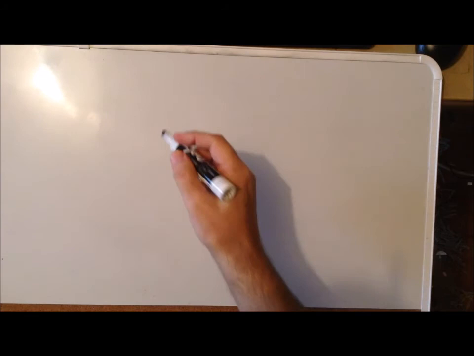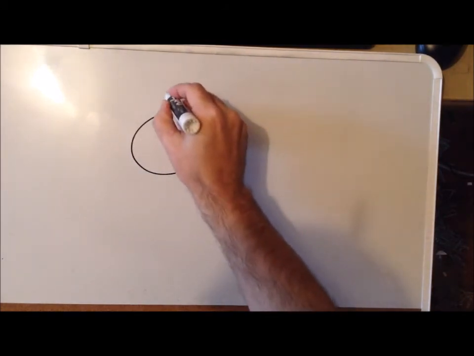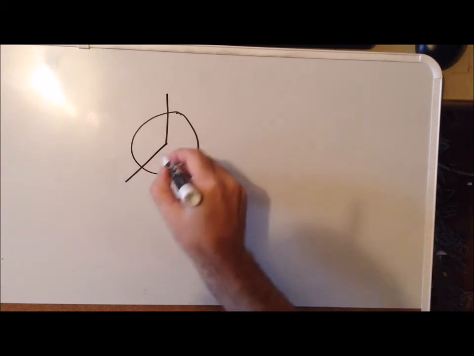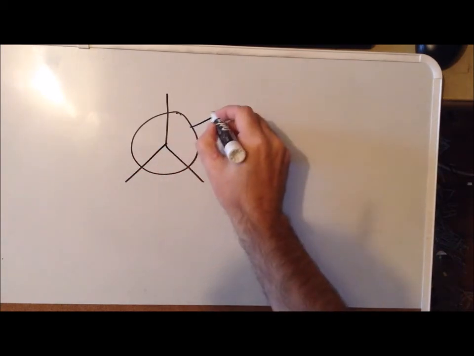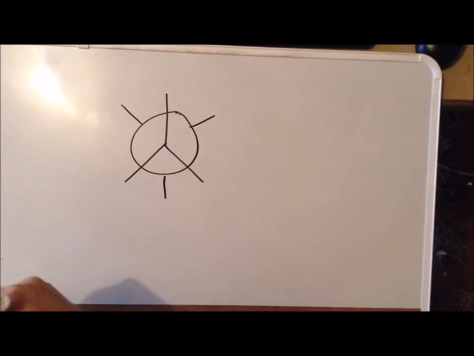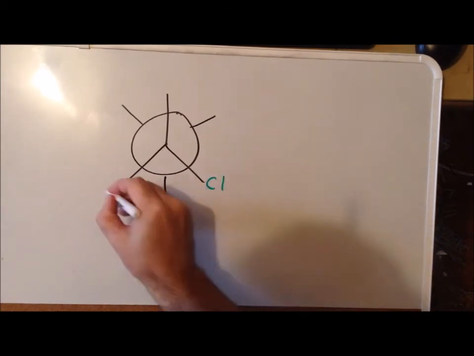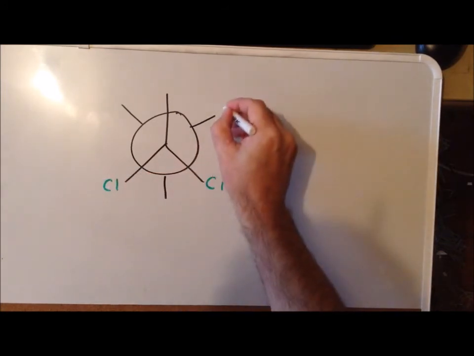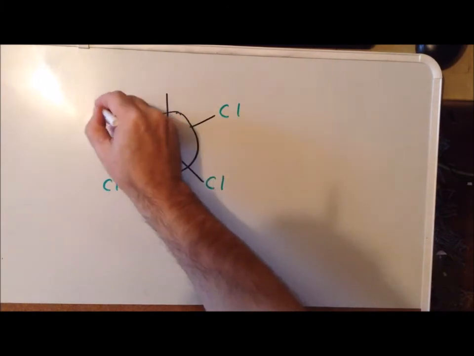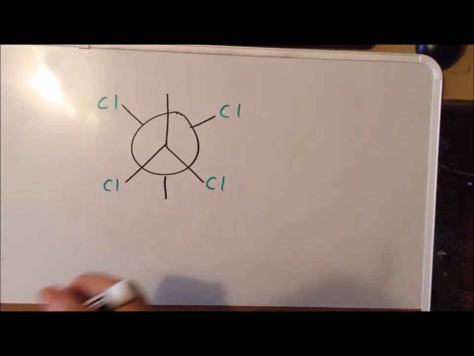The next molecule we'd like to look at has 4 substituents. So we can draw the Newman projection. In this case, we have 4 chlorine substituents, in addition to the 2 hydrogens that would normally be there.